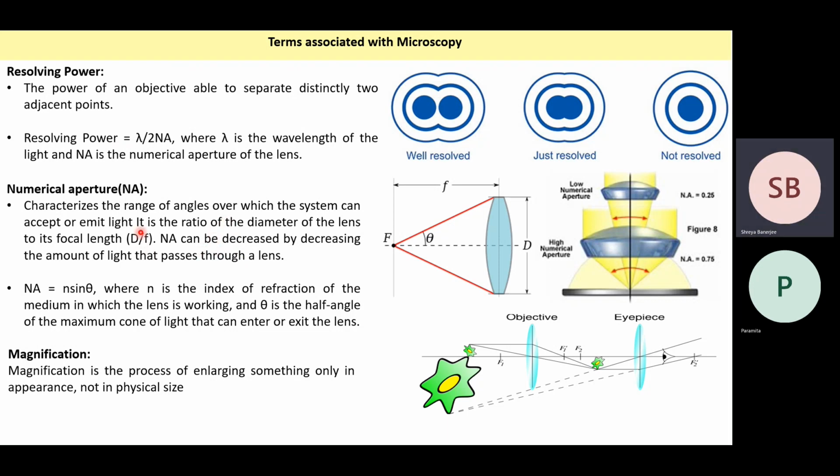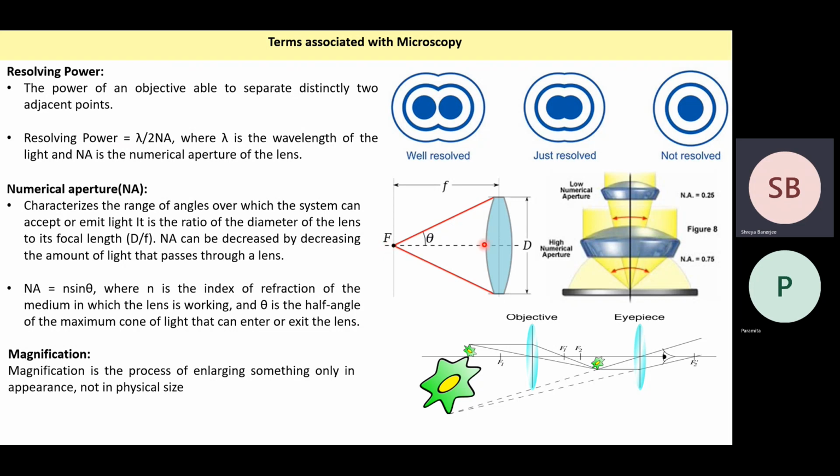It is the ratio of the diameter of the lens to its focal point. If this is the lens, the length of the lens is called its diameter, and the focal point is that point. If you have a parallel beam of light passing through the lens, the beam gets focused at a single point called the focal point.